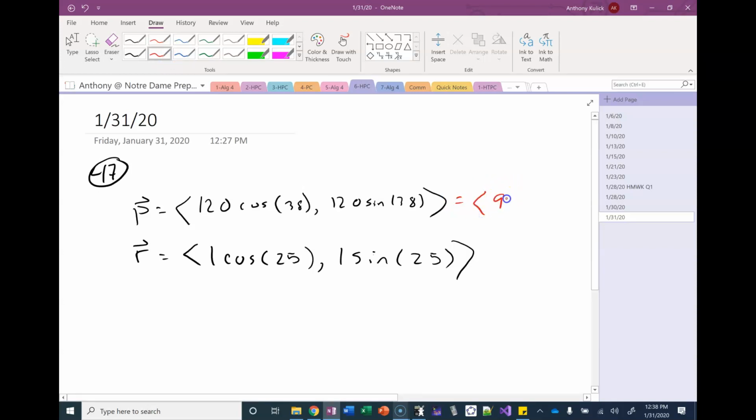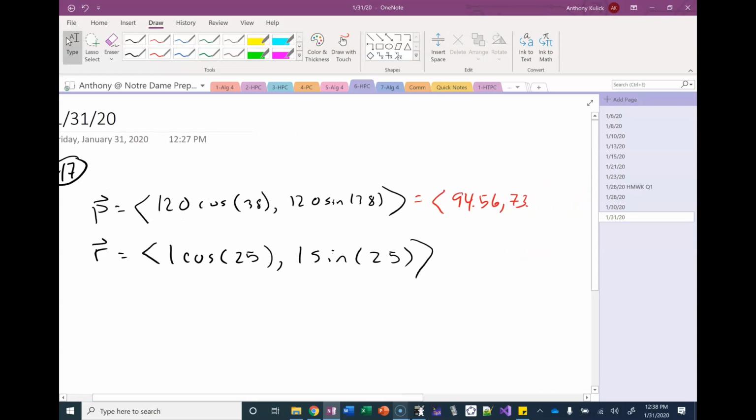So that's about 94.56. And that's about 73.88. And that's about 0.906. And that's about 0.422. Or sorry, 423 maybe.